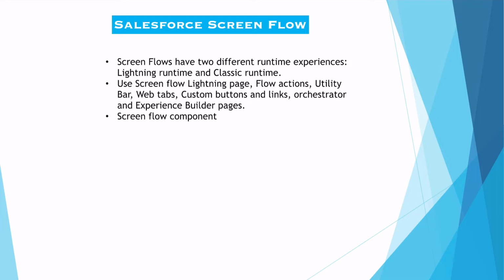To start with screen flow, there are two different runtime experiences of screen flow. The runtime experience is basically the UI of the screen flow. If you are aware, there are two runtime experiences in Salesforce, one is classic and one is new.